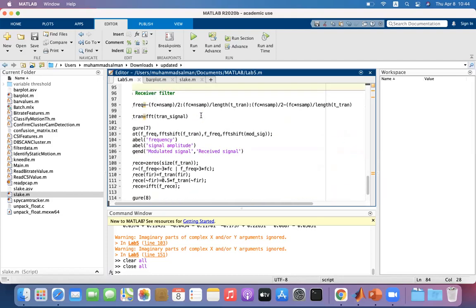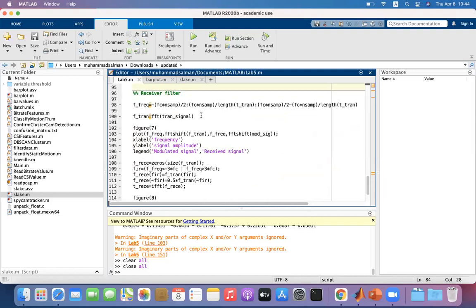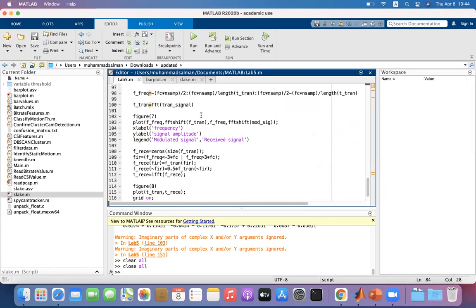And finally, we received our signal using the receive filter. And after receiving the signal, we converted the signal into the frequency domain. I showed you how the signal was converted to the frequency domain, and then we discarded the unnecessary frequencies which were belonging to the noise.